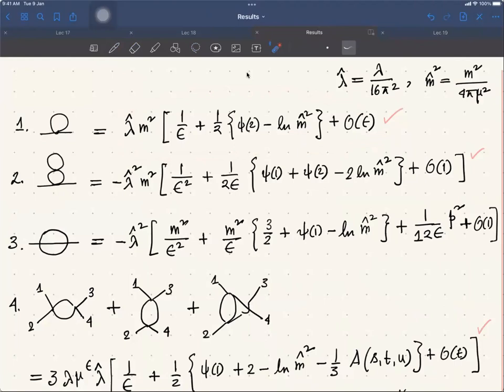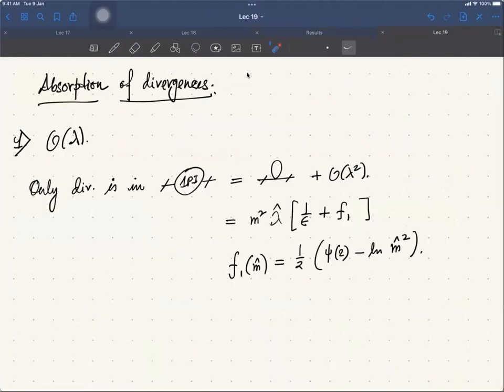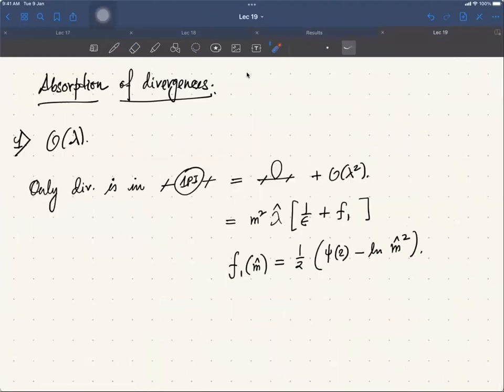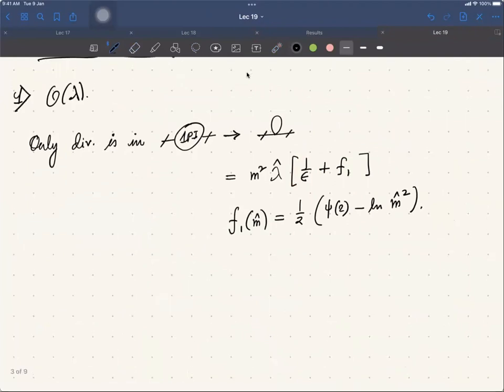This is the 1 over epsilon pole, and F1 is the finite piece. Let me just remove this order lambda square term. So the order lambda contribution in this 1PI 2-point function is given by the pole and the finite piece.